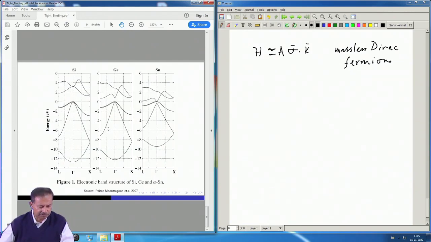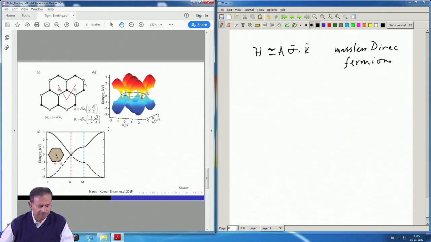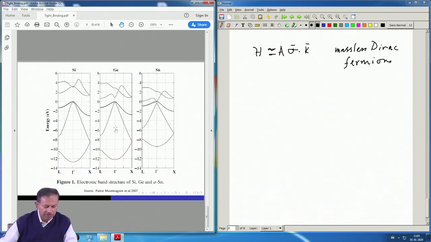So, this is the band structure for other materials. For example, I just wanted to show you that it is always plotted along certain symmetry directions in the Brillouin zone. So, this is for example, some gamma X direction, gamma L direction, for silicon, germanium and tin.